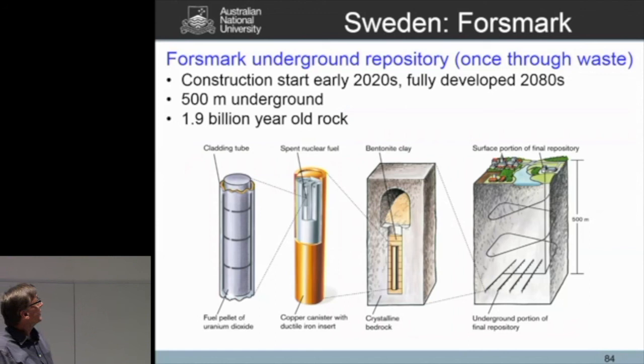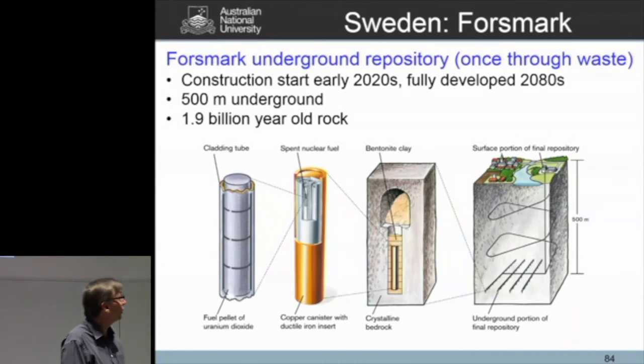Probably the most advanced case for an underground repository is the Swedish plan. They are going for direct disposal. Essentially, they just take their cladding tube and fuel pellet, put it inside a canister, and then bury that deep underground, surrounded by clay in bedrock that's nearly 2 billion years old.